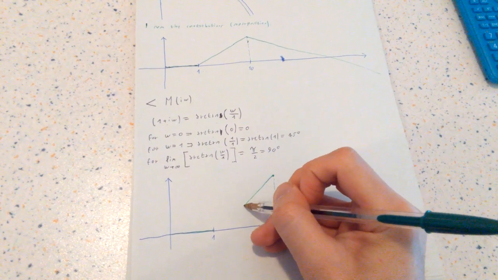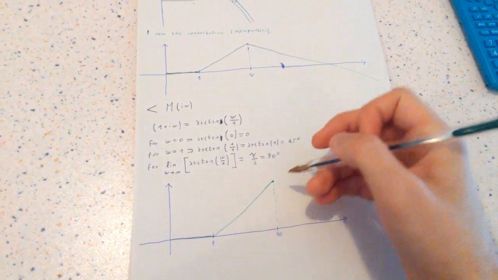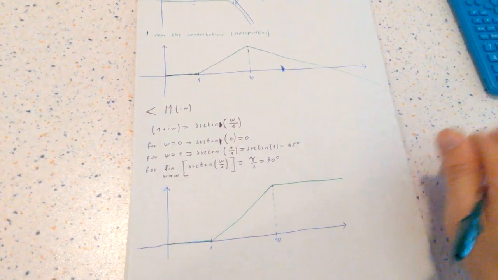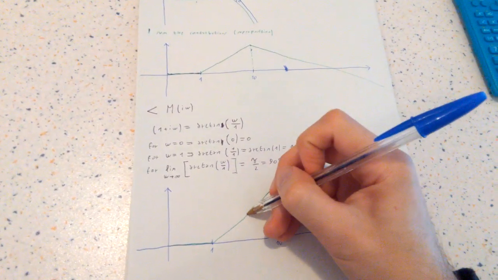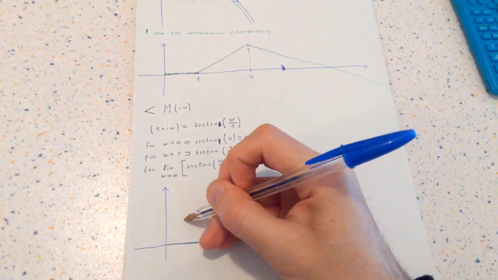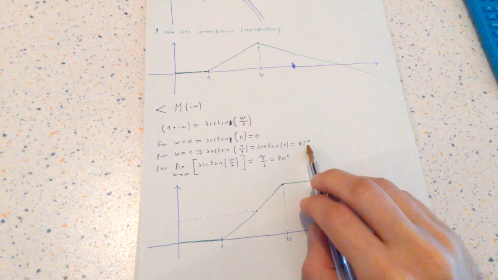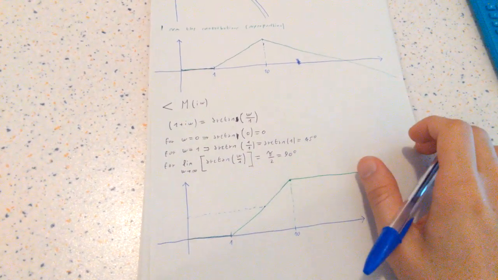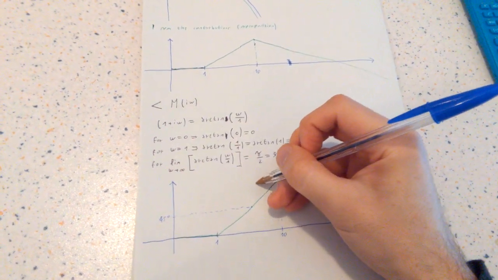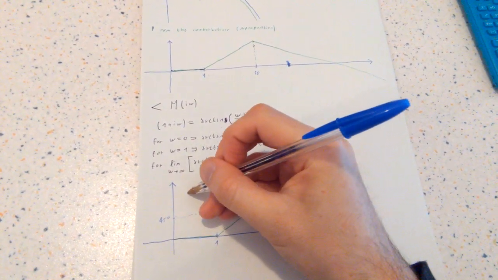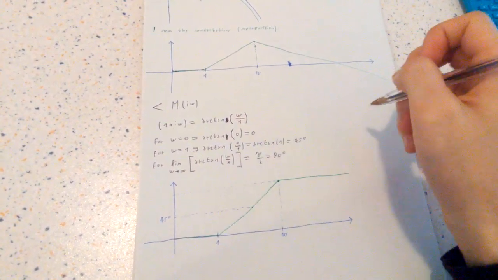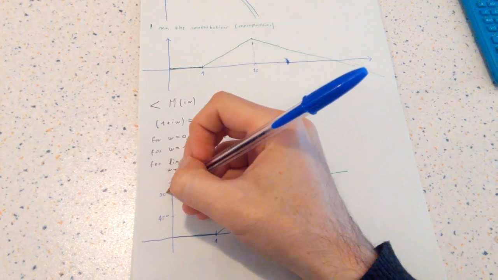It will go up till 10, and then it will be like this. This midpoint here is what we found with the breakpoint, which is 45 degrees. And this one here at the very top is what we found as a maximum as it approaches infinity, so it's 90 degrees.